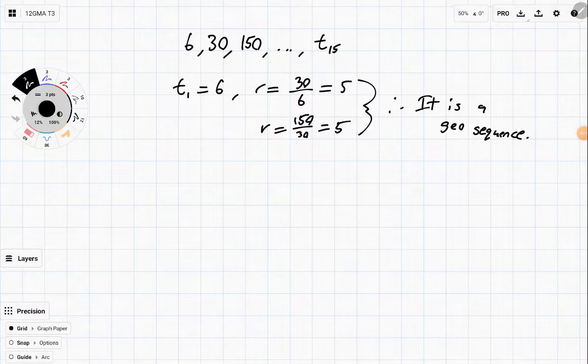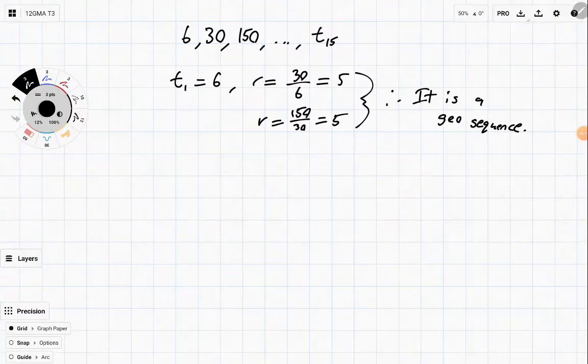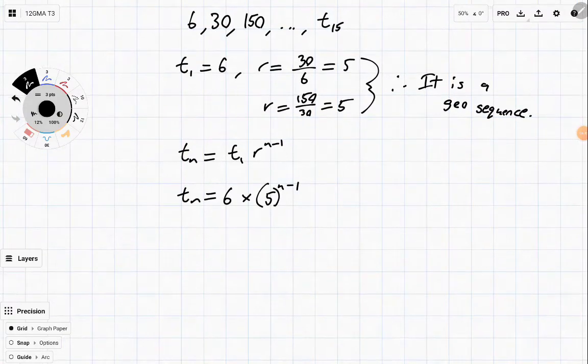Alrighty, so let's try to predict it. So the general rule, Tn is equal to T1 r to the n minus 1. Tn is equal to 6 times 5 to the n minus 1. I like putting r in brackets. If you always put r in brackets, you're never going to make mistakes. It's really important when r is a fraction or negative, but just as a good rule, I like to always put r in brackets. So in this case, 5. Alrighty. But that's just the general rule.